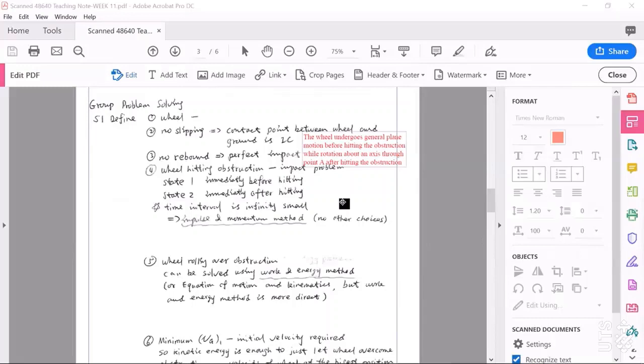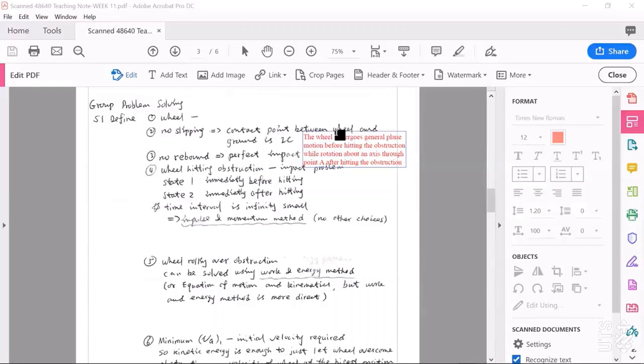Okay, now let's define this problem. Because of no slipping or rebound, we know the wheel undergoes rolling motion without slipping before it hits the obstruction.